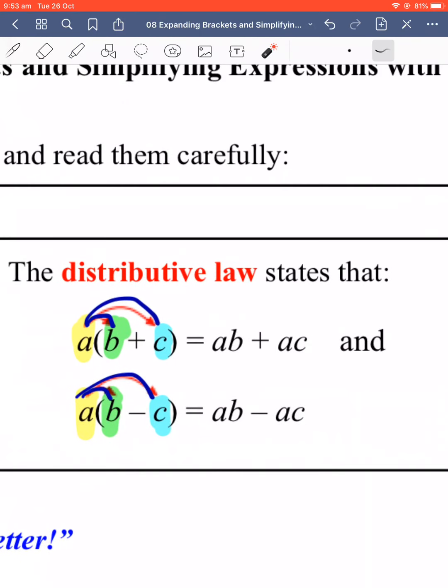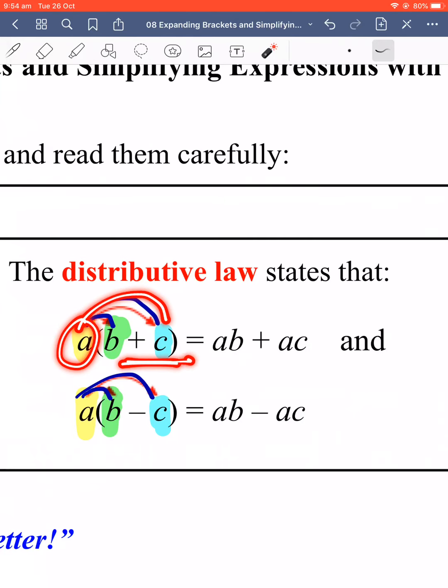If I am distributing, getting rid of these brackets, what I am doing is multiplying what's outside to what's inside. So A multiplied by B gives me AB. A multiplied by plus C gives me plus AC.